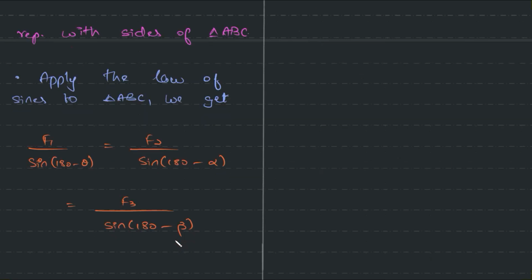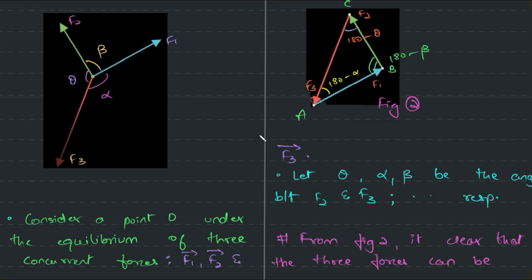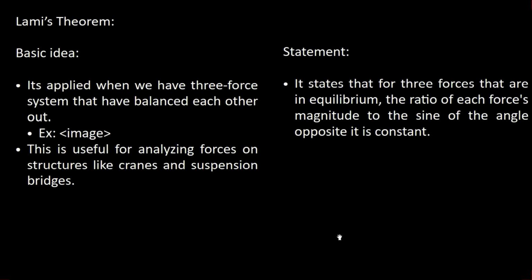You know that sine of 180 minus anything will give us the same value back. So F1 by sine theta is equal to F2 by sine alpha is equal to F3 by sine beta. Right, guys? So that would be your Lami's theorem.